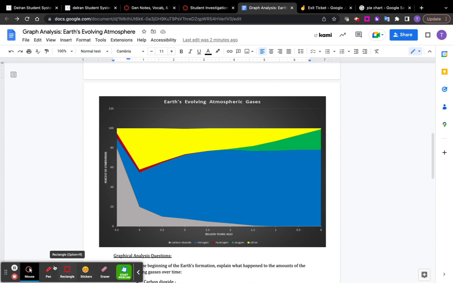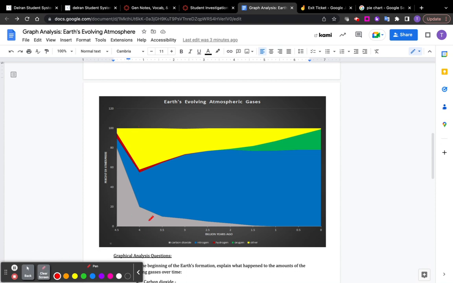So every single space on here, if we pick 4 billion years ago, that essentially is showing you a pie chart of what gases were in the atmosphere at that time. Notice the graph all goes up to 100% of the atmosphere. So each color represents how much percent that gas made up of the atmosphere at that time.